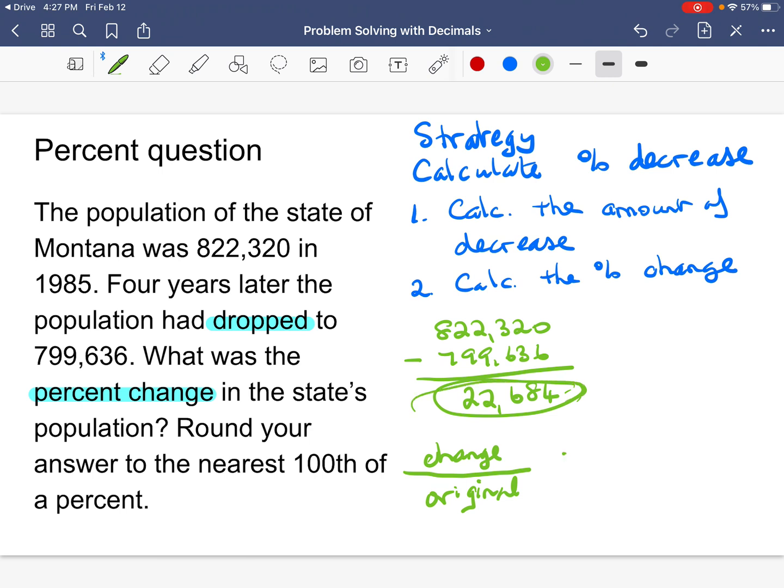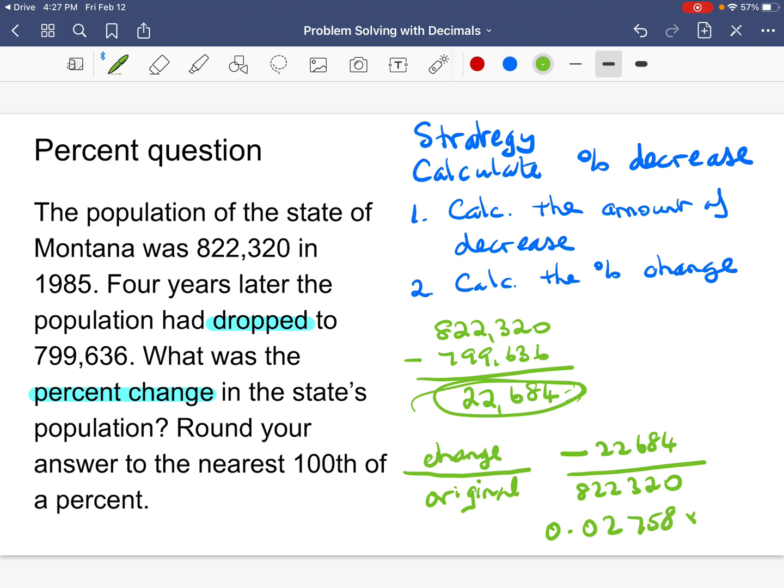So the change is negative 22,684 divided by the original amount, 822,320, and that's 0.02758. I'll stop there. This goes on much more.